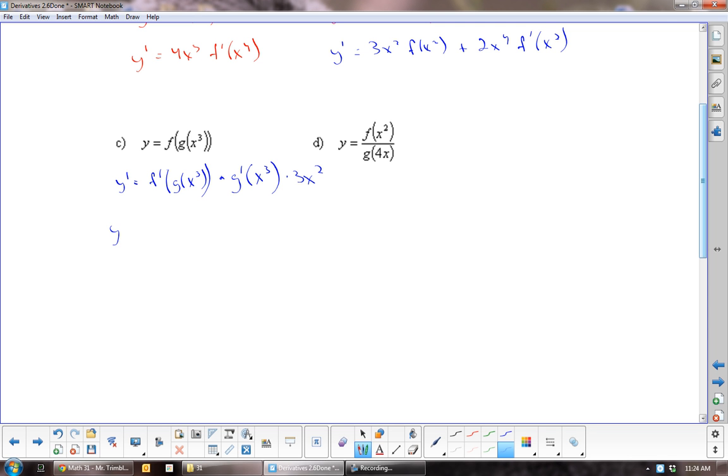To finish this up, put the 3x squared in the front, times f prime g x cubed times g prime x cubed. You always want to make sure you keep the inside in there when you do the first derivative, and with the next derivative, the inside of it.